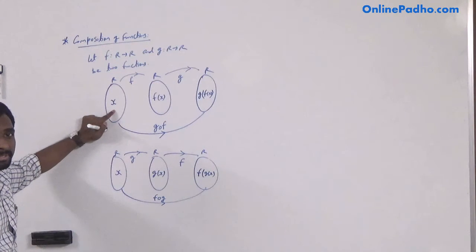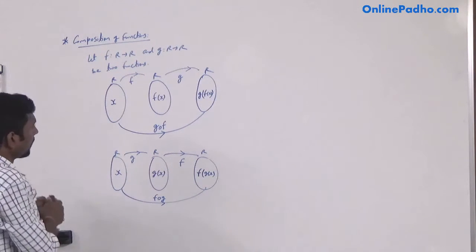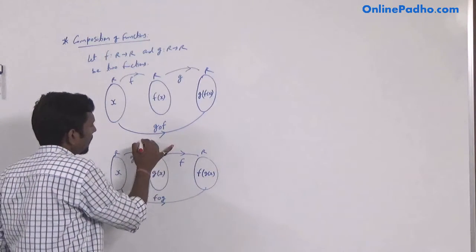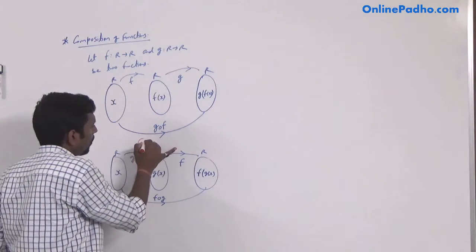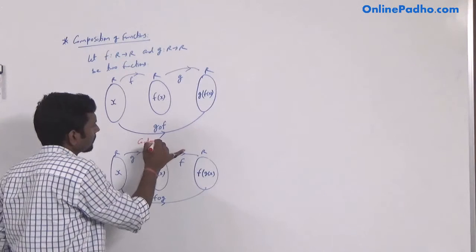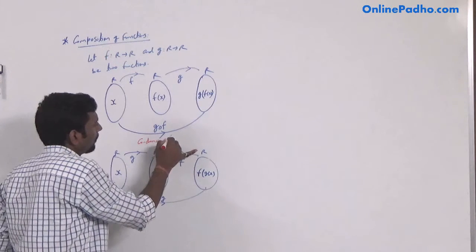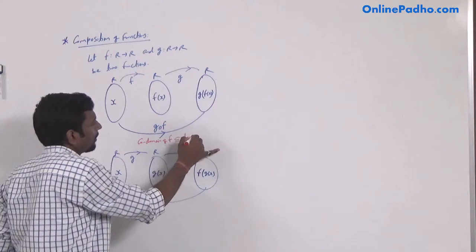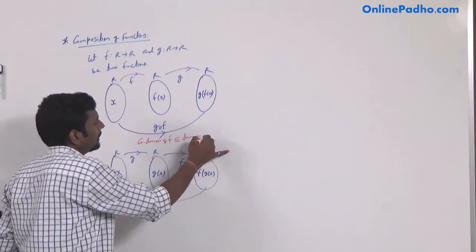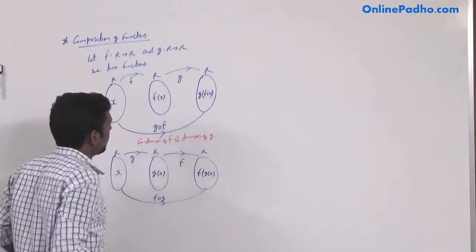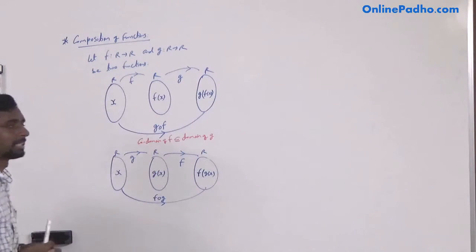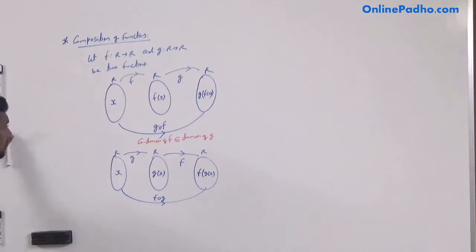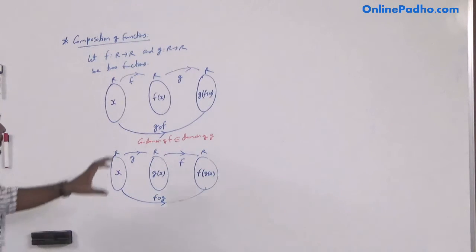Right? So the very important concept here is that the codomain of f must be a subset of the domain of g. Then only this g∘f exists, otherwise it does not exist.